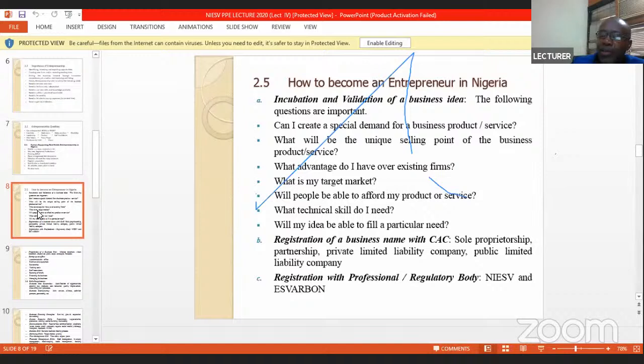When you get there, it is possible that you can register as a sole proprietor, register as a partnership. Also, we have private limited.